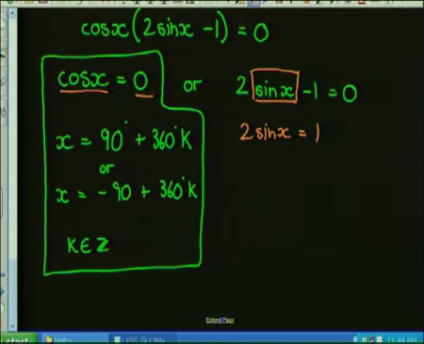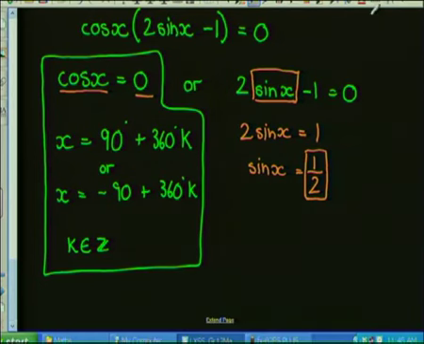We would add 1 to both sides of the equation. And to get sine x on its own, we would divide by 2. So that would give us sine x is equal to a half. And we look at the value that we've got, and say, right, this is okay because the half does lie between negative 1 and 1, remembering our restrictions.